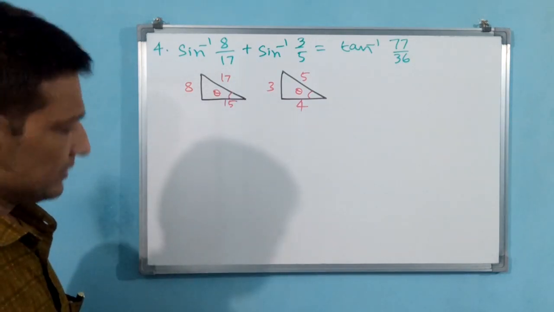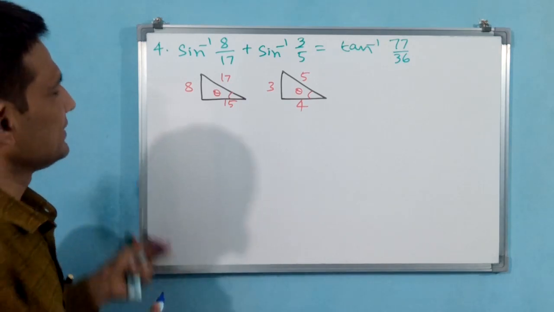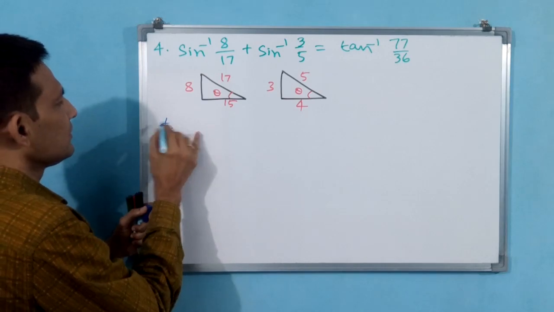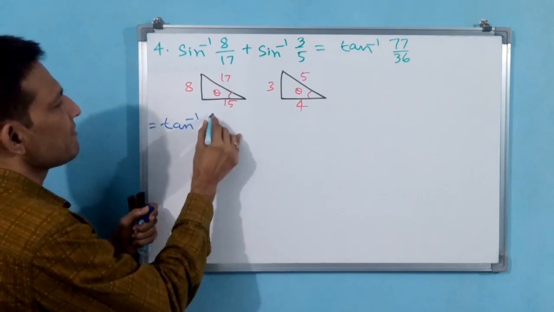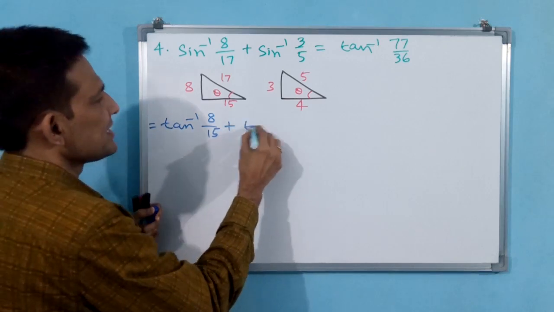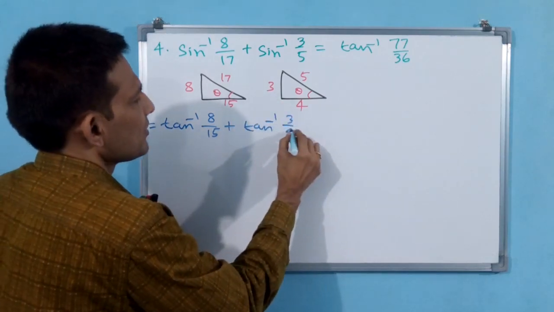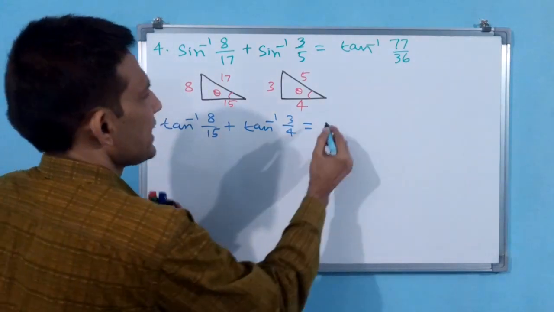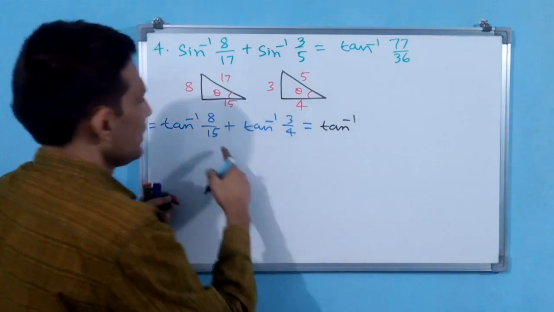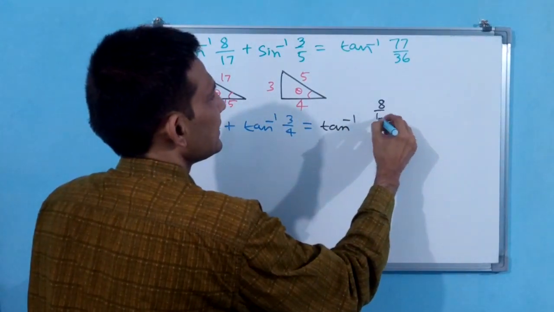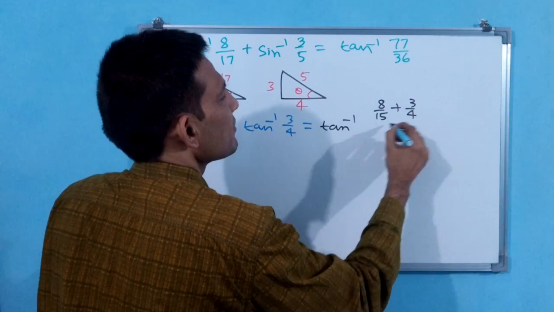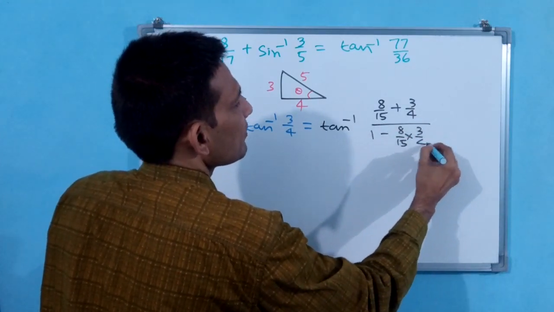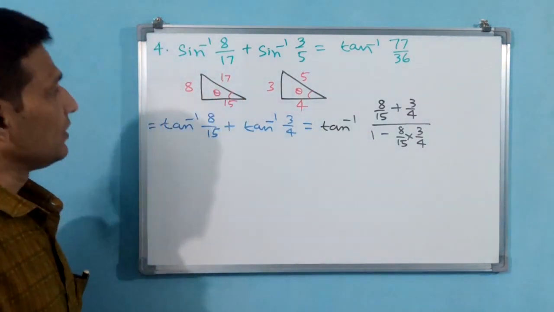So it is equal to tan inverse 8 by 15 plus tan inverse 3 by 4, that is equal to tan inverse of (8 by 15 plus 3 by 4) by (1 minus 8 by 15 into 3 by 4). Like that you have to write.